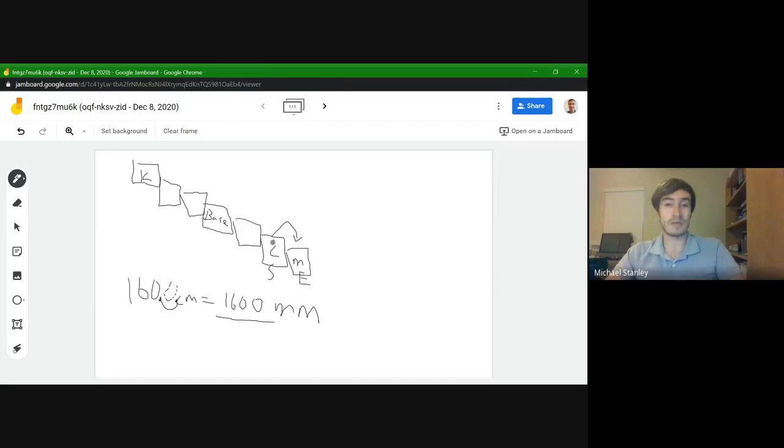So we started at centimeters, took one jump to the right to make it to millimeters, and took the decimal place one jump to the right, with an extra 0, giving us 1,600 millimeters from 160 centimeters.